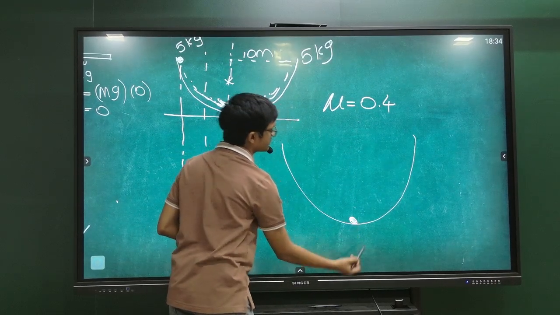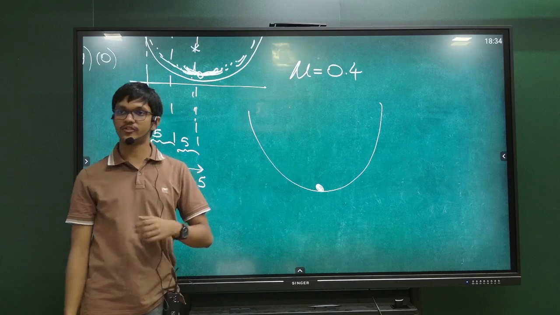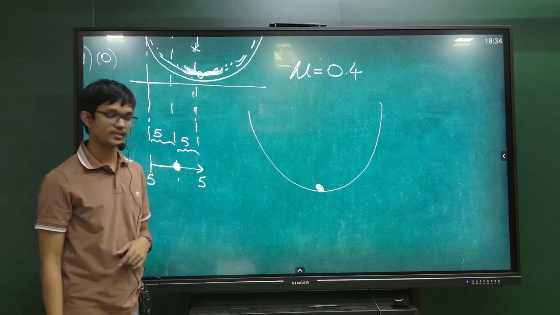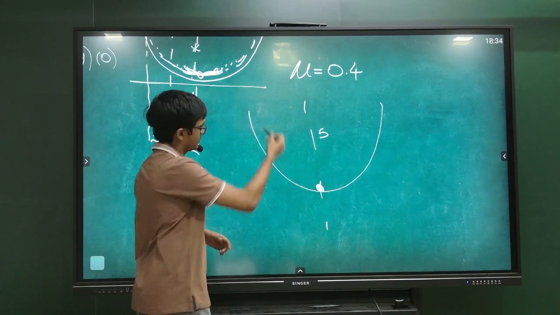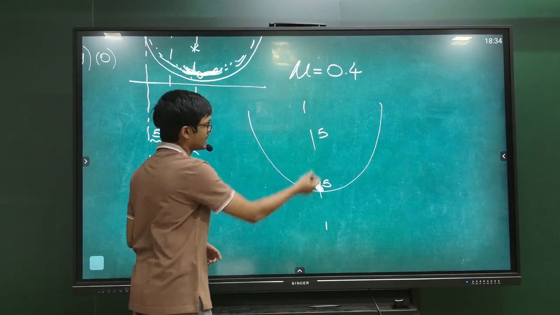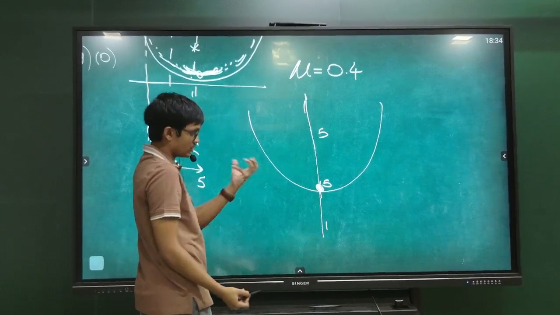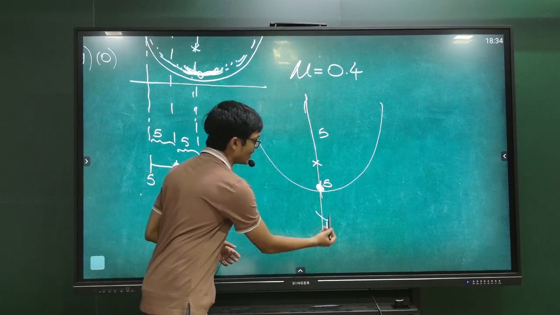Clear? Now, where can you find the center of gravity of the system? 5 kilograms is on this line, this ball, and this 5 kilograms is here. So definitely the center of gravity of the whole system is somewhere in this line, right?